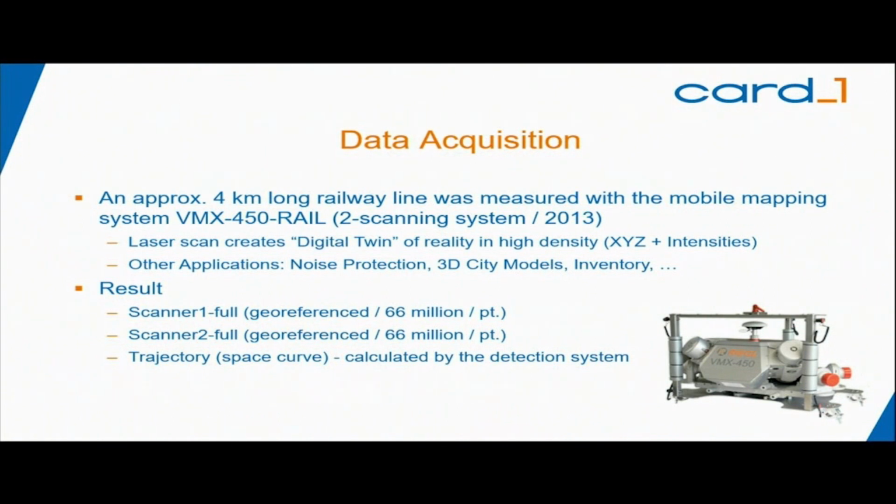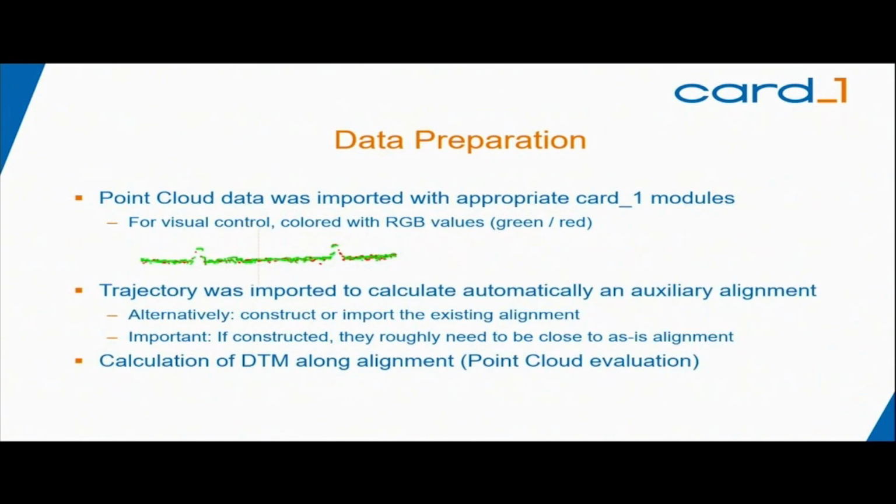Besides this, as I just mentioned before, we also receive in general a trajectory, which is a space curve, from the system itself. If not received, it is possible within CAD1 to construct it on your own. So the trajectory is also needed to start the steps to fulfill the objective.